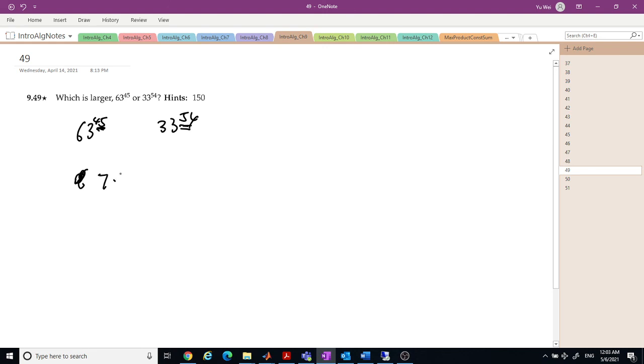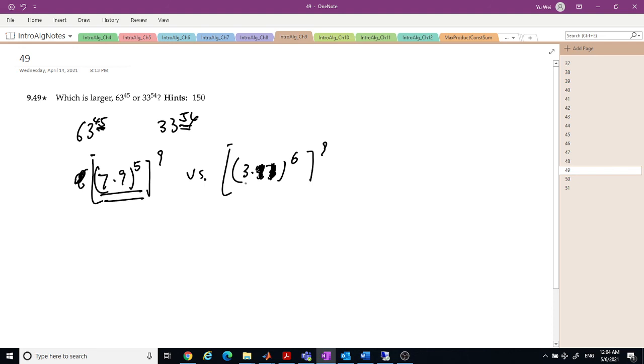It's 7 times 9 to the power of 5, then to the 9, compared with 33, which is 3 times 11, to the power of 6, then to the power of 9. Now we need to compare these two.